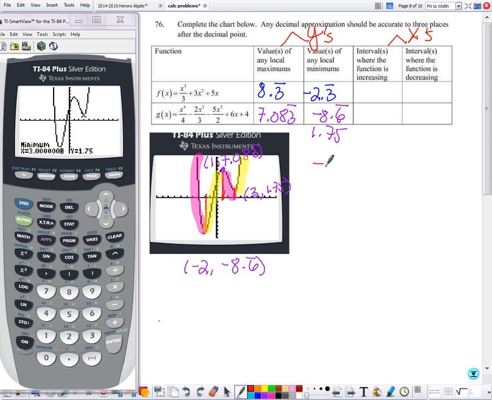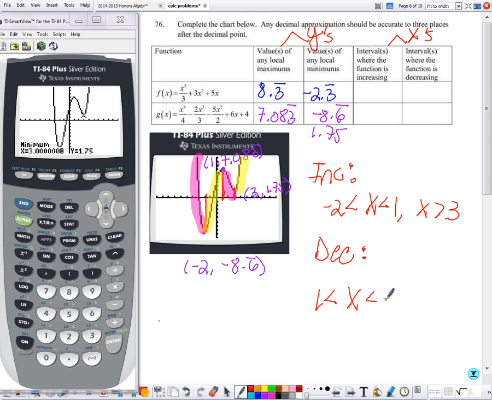Okay, so for the increasing values, that happens for every x between -2 and 1. And again, for every x greater than 3. And then the decreasing values, that's for every x between 1 and 3, and every x less than -2.